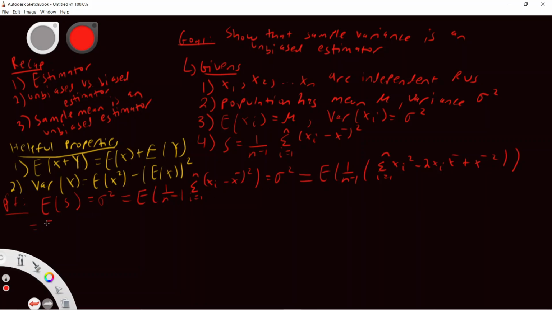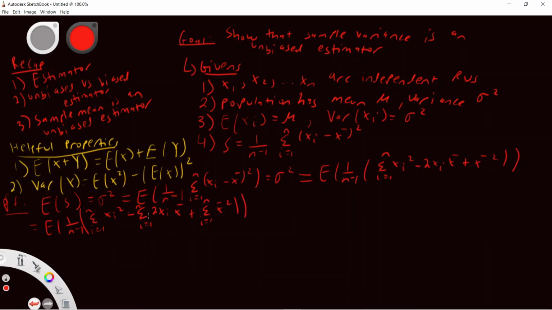So this is going to be equal to the expectation of 1 over n minus 1 times the summation from i equals 1 to n of x sub i squared, minus the summation from i equals 1 to n of 2 x sub i x bar, plus the summation from i equals 1 to n of x bar squared.